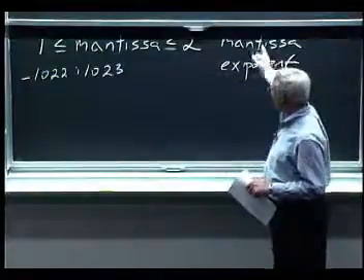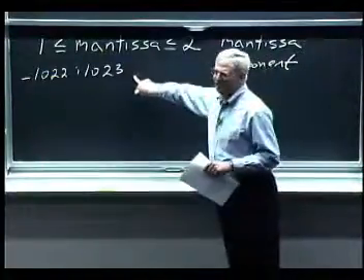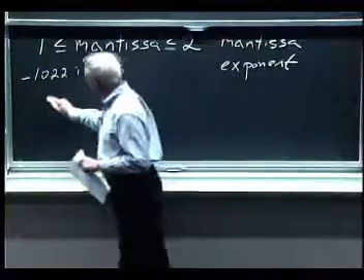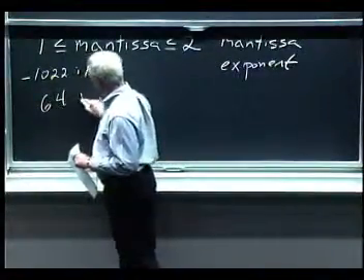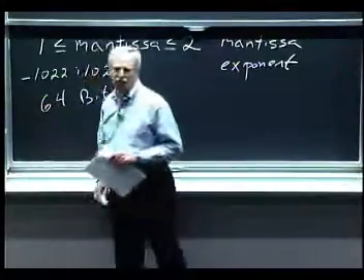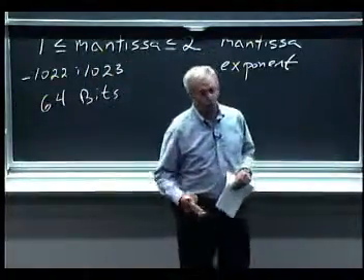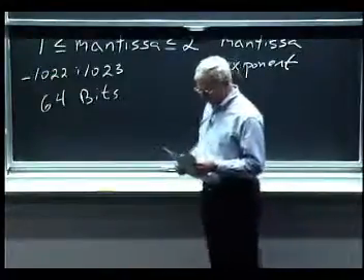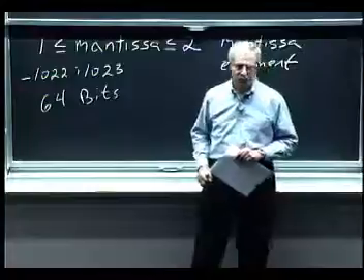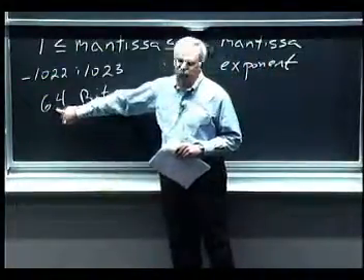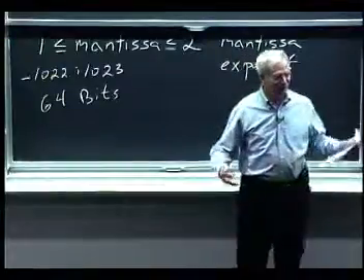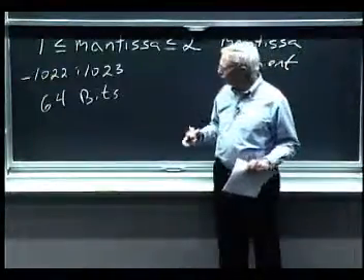Where did these magic things come from? What kind of strange numbers to see here. Well, it has to do with the fact that computers typically have words in them. And the words today in a modern computer are 64 bits. For many years, they were 32 bits. Before that, they were 16 bits. Before that, they were 8 bits. They've continually grown.